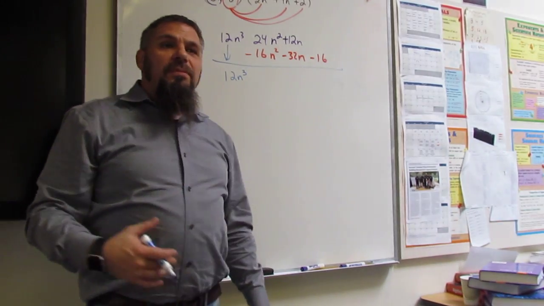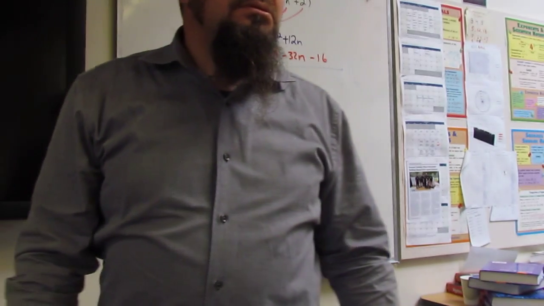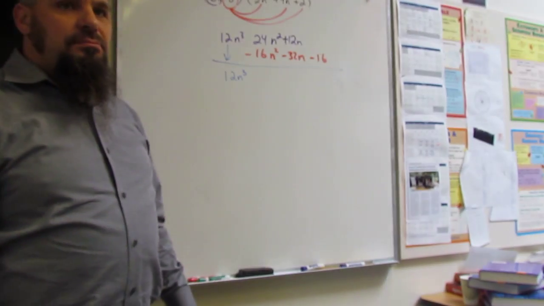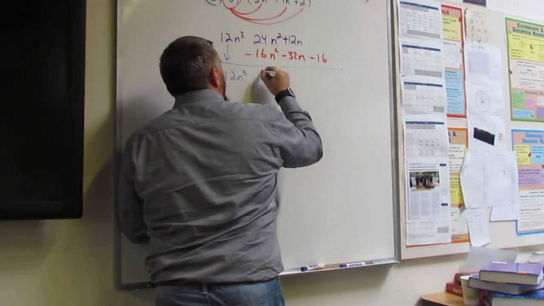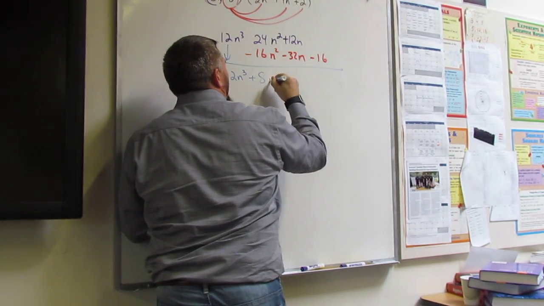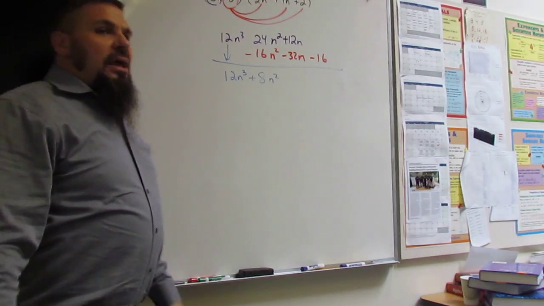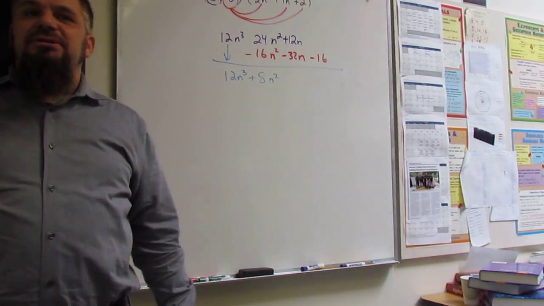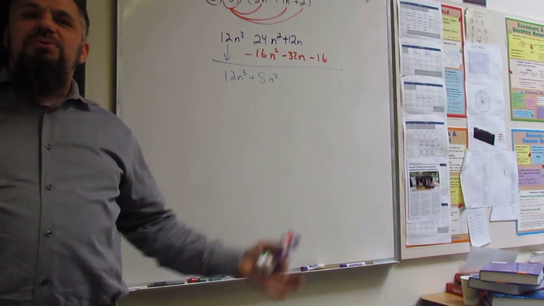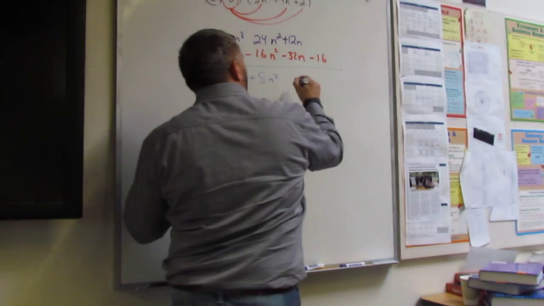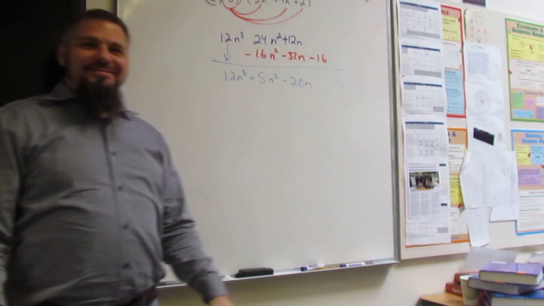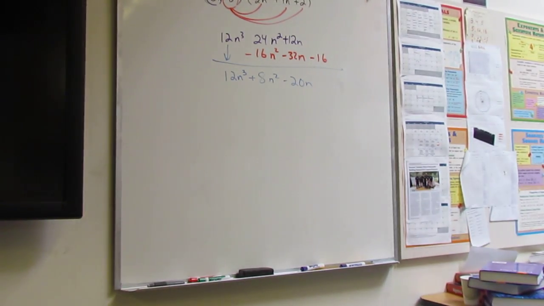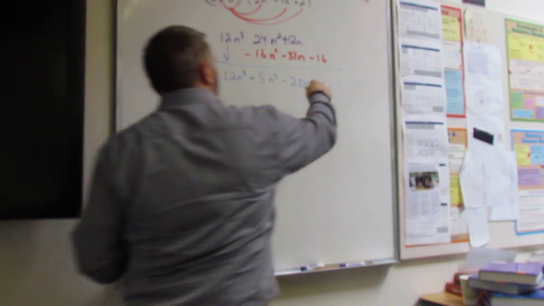So 24 minus 16, 8. Yes, 4 and 4 is 8. So positive 8n squared. And then 12 minus 32, or the difference between 12 and 32? 44. Minus 20, right? We're not adding them because there's a difference there. One's positive, one's negative, right? And then we just bring this down.